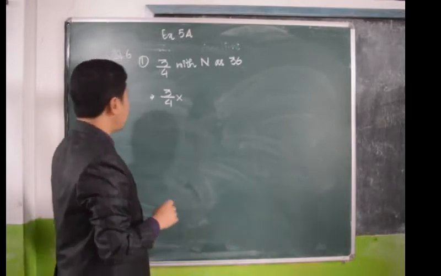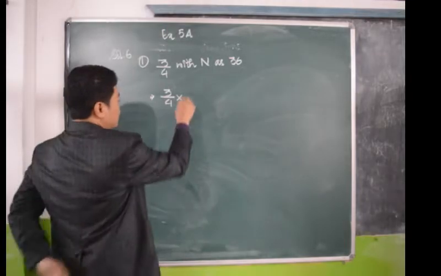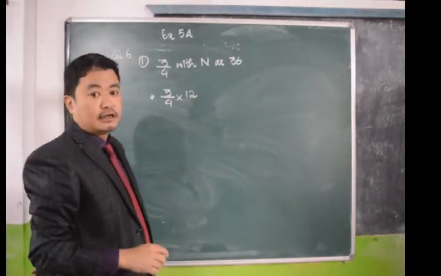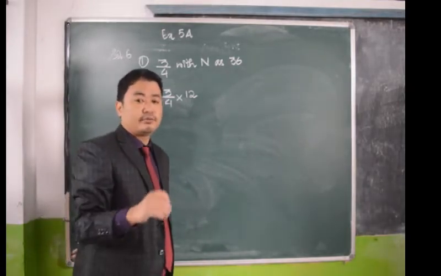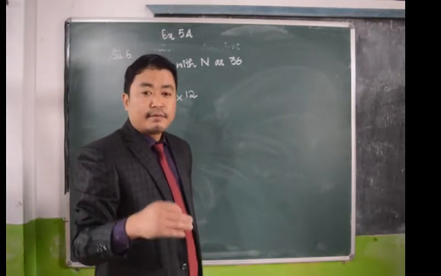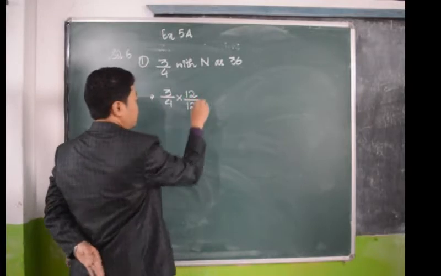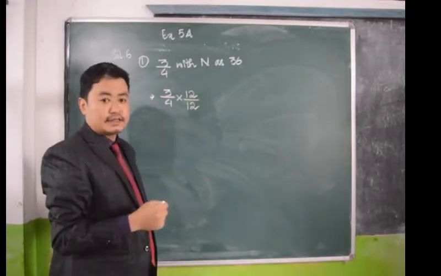Okay. So we know that 3 times 12 is 36, isn't it? So I'm taking numerator as 36. I have multiplied the numerator with 12. Now what we know about equivalent fractions is, whatever you multiply in the numerator, we need to take the same number and multiply the denominator as well, isn't it? So 12 divided by 12. Now you know why we are multiplying the numerator and denominator with the same number, isn't it?